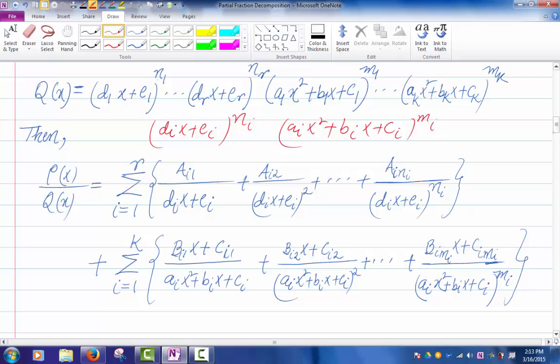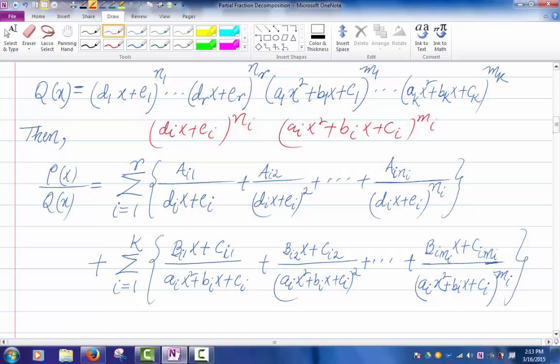Now let's think about one factor of Q. Let's say dix plus ei to the power ni. That's the linear factor with multiplicity ni. I'm just saying one of them. Di, ei, they are fixed numbers like 2 and 2, 1, things like that.